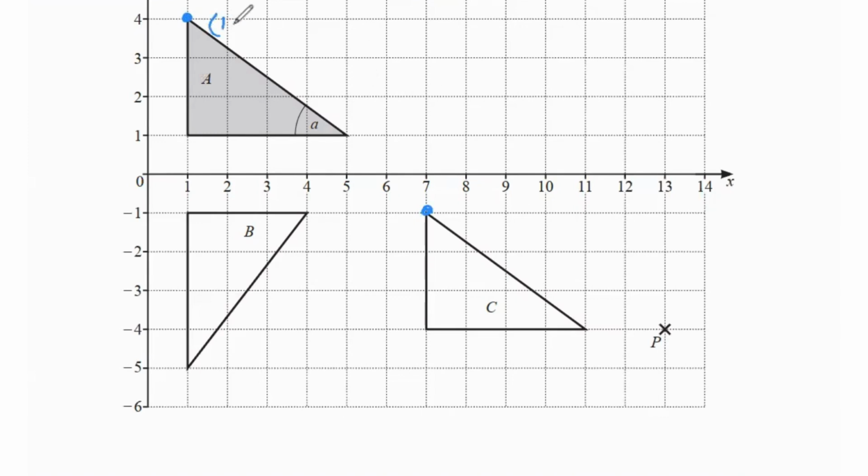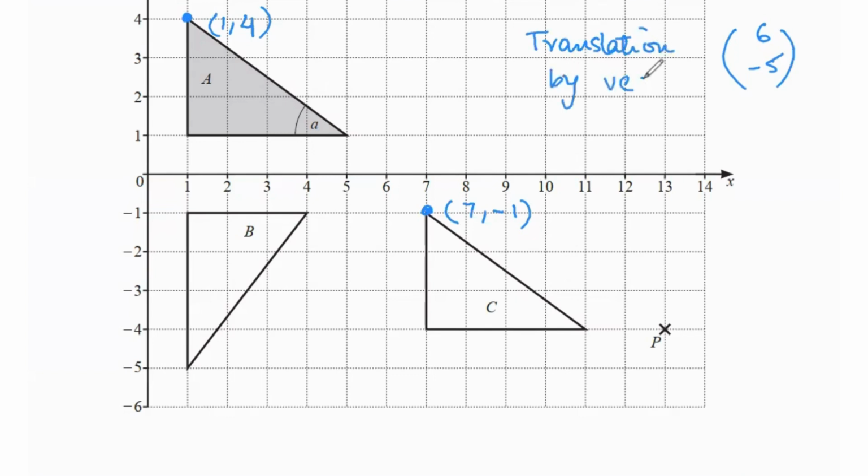This over here is (1, 4), and this over here is (7, -1). As you can see, to go from 1 to 7, we're adding 6. To go from 4 to -1, we're subtracting 5. So it's a translation by vector (6, -5).